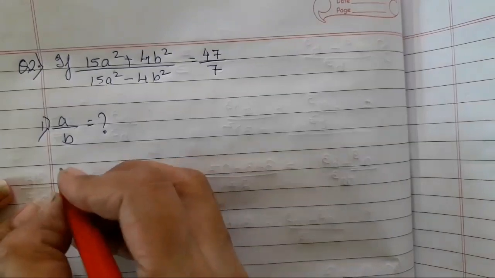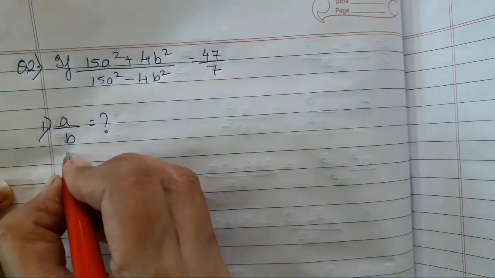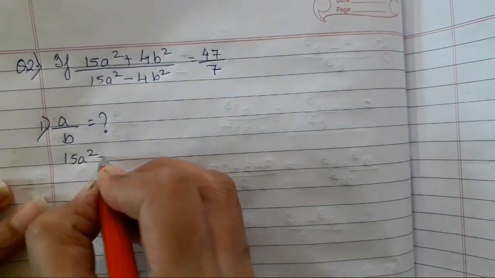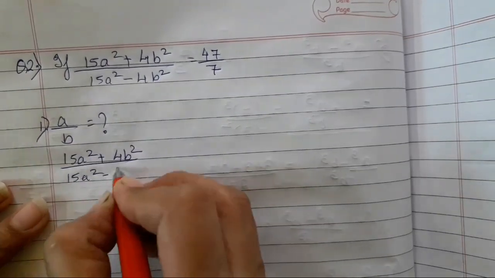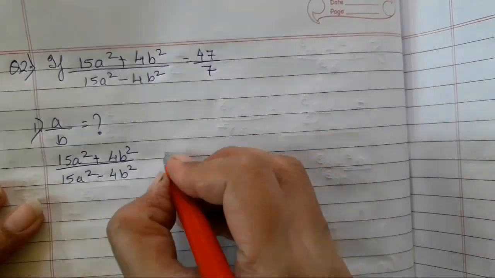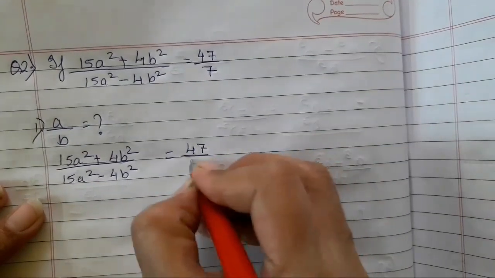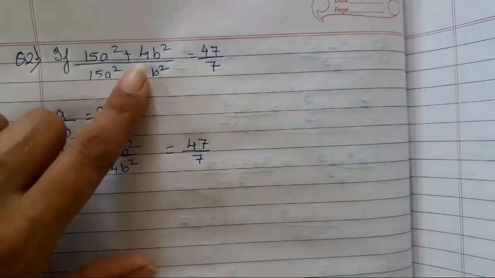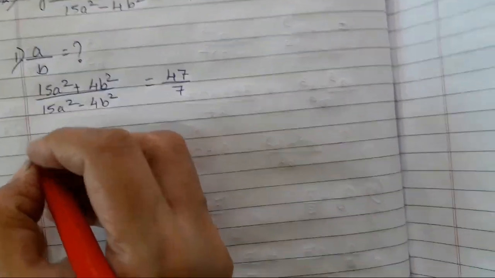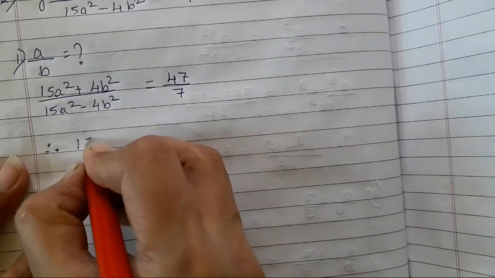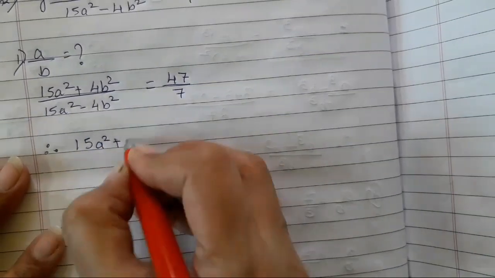So first we will take what has been given. 15a square plus 4b square upon 15a square minus 4b square is equal to how much? 47 upon 7. This is what has been given from the question. So now we will apply the componendo and dividendo method. See, it's very easy, children.